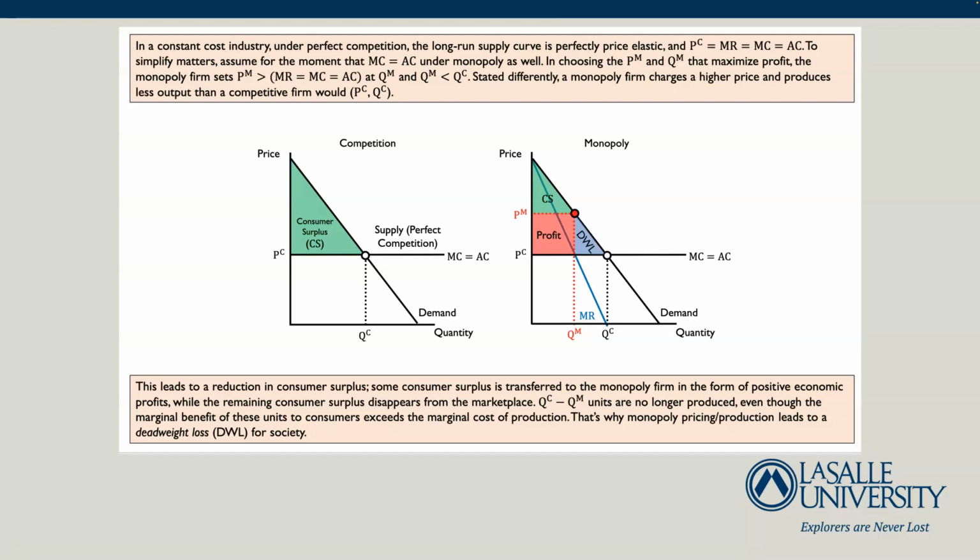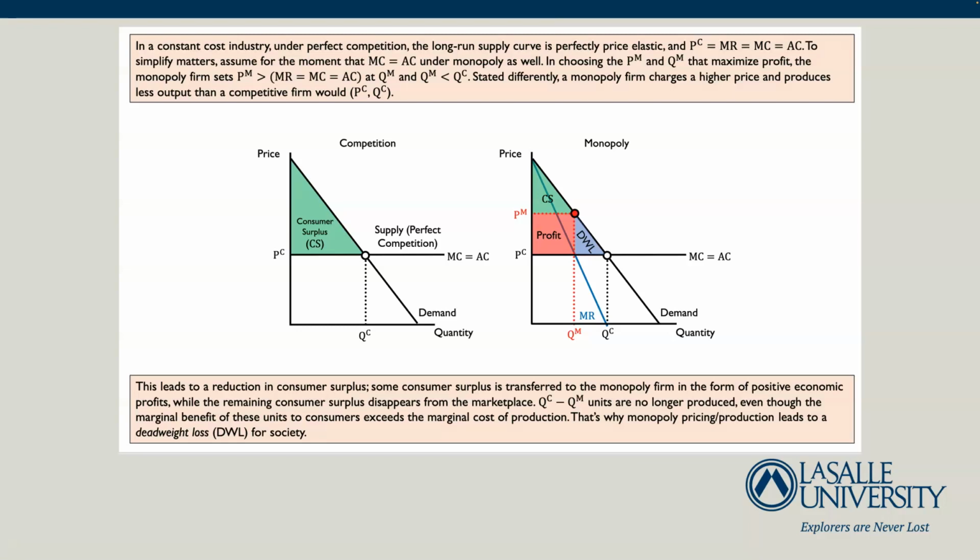Because those units from QC down to QM disappear from the market, as the monopoly is essentially restricting output to keep prices high, those units would have had a benefit to consumers that simply disappears from the market because of the monopoly's pricing and output decisions.